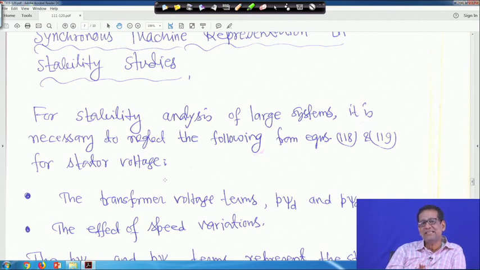So, keep everything ready in front of you, because I do not want to go back again to 118 and 119, for example. Many such things will come. So, keep those things in front of you and just see this, right.